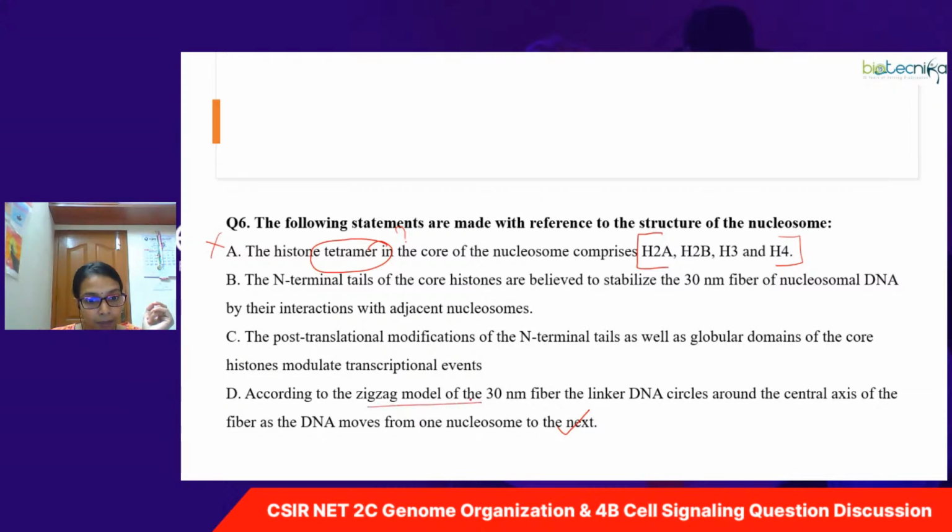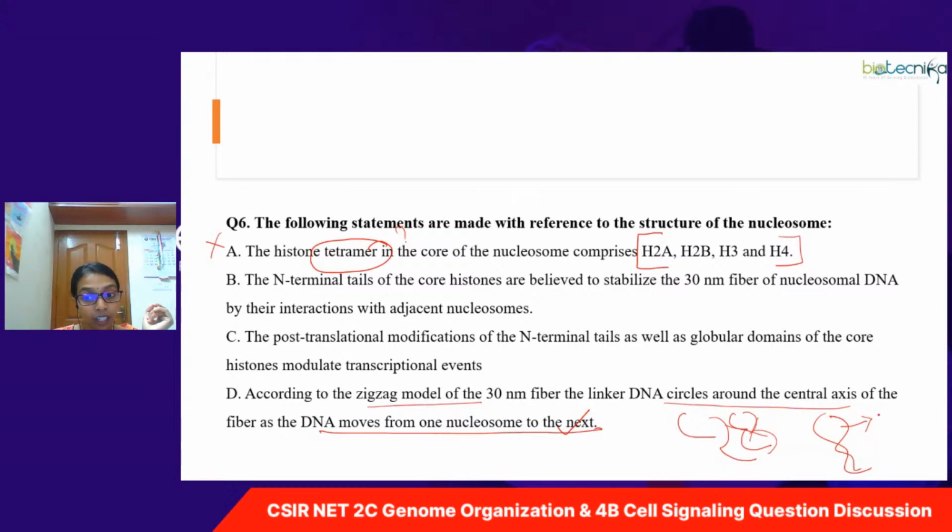According to the zigzag model, the linker DNA circles around the central axis. Circles around the central axis means what? Somewhere we can correlate it with this helical formation of the fiber as the DNA moves from one nucleosome to the next. We cannot say exactly helix, but yes, like this it will be there. So this becomes which model?